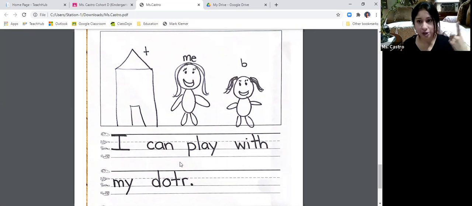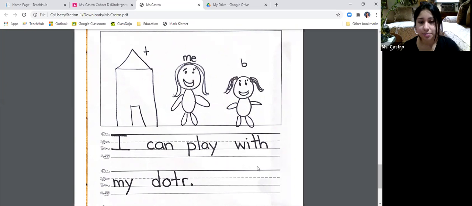Always remember finger space between the words so that way the letters are not jumbled up next to each other. Illustrate with details, put the labels, and then whatever you illustrate, you match that picture with your sentence, okay? And even just for one sentence, you might need to repeat the sentence over and over to break each word apart to actually form that sentence, okay?